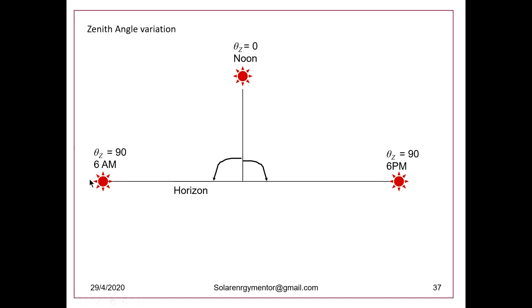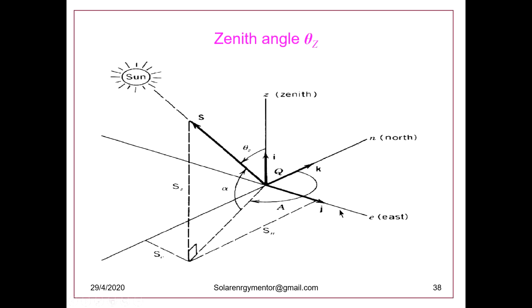So in both morning and evening, theta z is equal to 90. Here the zenith angle is indicated in pictorial form. This is a vertical normal to the horizon and this is the zenith angle. This is a sun ray, and this is alpha, that is the complement of zenith. This is north, south, east and west.